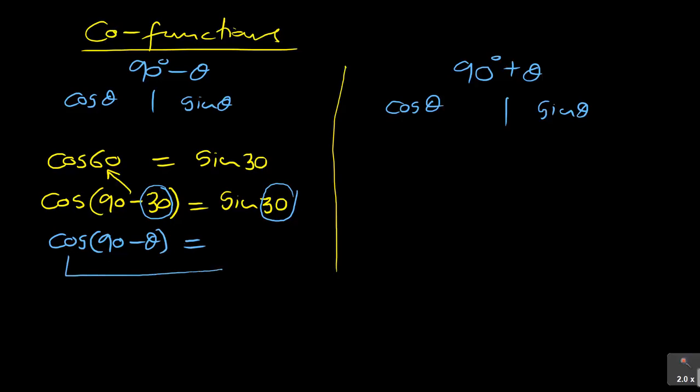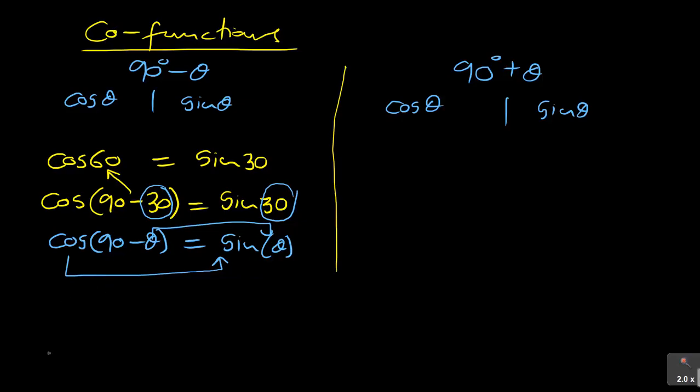From cos, the cofunction is sine, but now it is sine theta in that case. So you're going to include that theta there. That is the most important part. The cofunction of cos is sine. Now where there was theta, you reduced it. Remember, it's 90 minus theta, so you write it as sine theta.